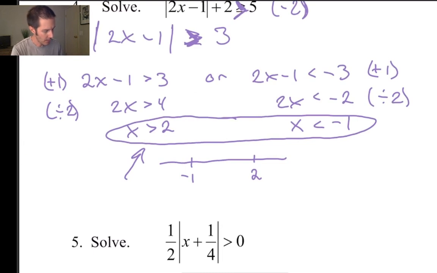So I'm going to shade to the right of the 2. And we're not going to include the 2 because it's a strict inequality. So I'm making sure to use a parenthesis or open bracket, not a square bracket. And x being less than -1, so we need to shade to the left of the -1.